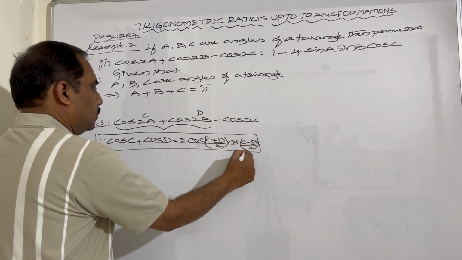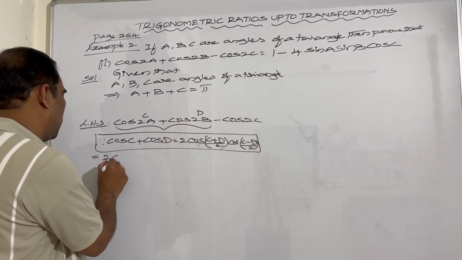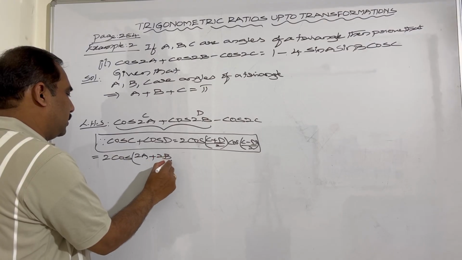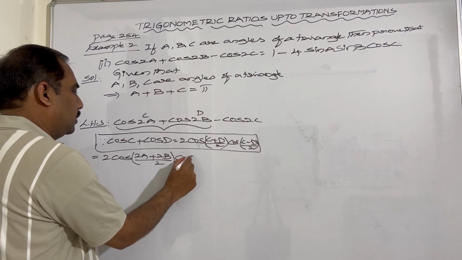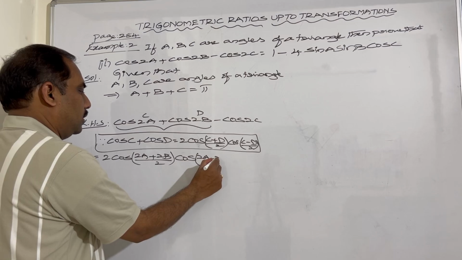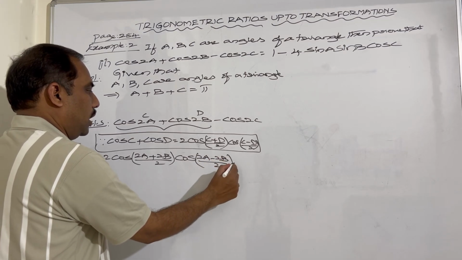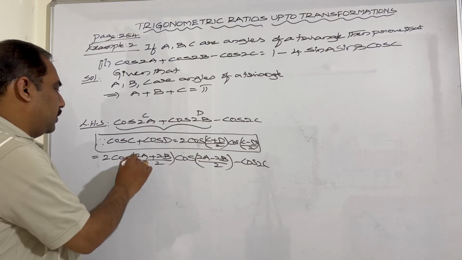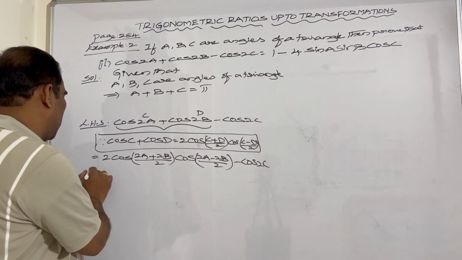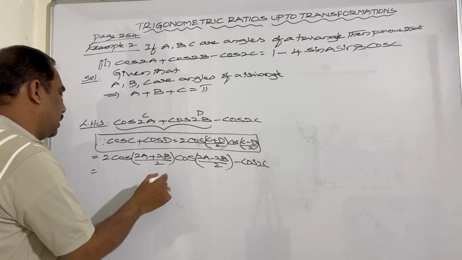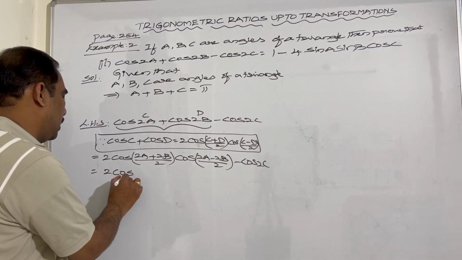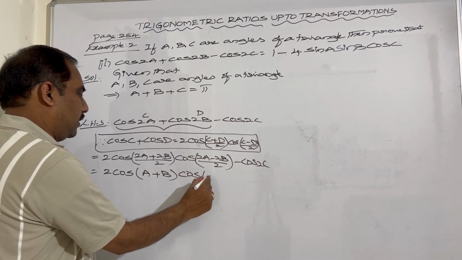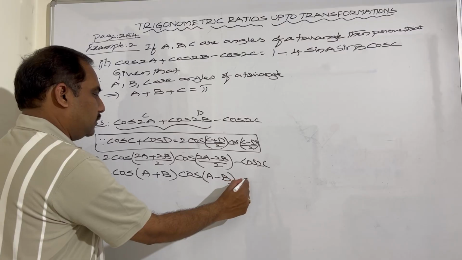So applying the formula for the first two terms, this is 2 cos of (2A plus 2B) by 2 into cos of (2A minus 2B) by 2, and minus cos 2C. Now if you take 2 common in the numerators, the 2 gets cancelled. So 2 cos of (A plus B) into cos of (A minus B), and minus cos 2C.